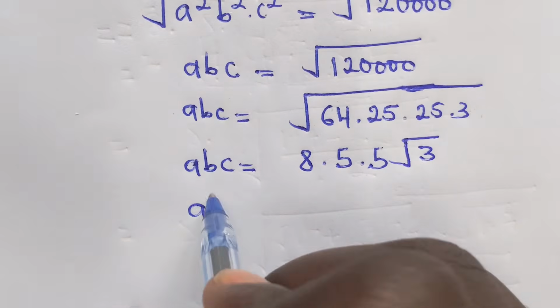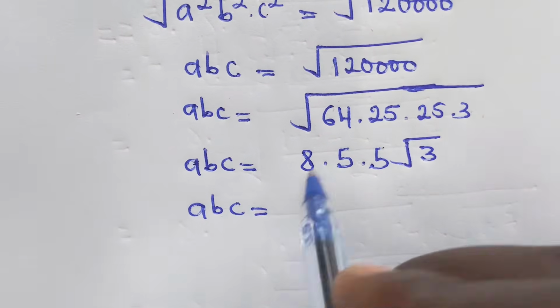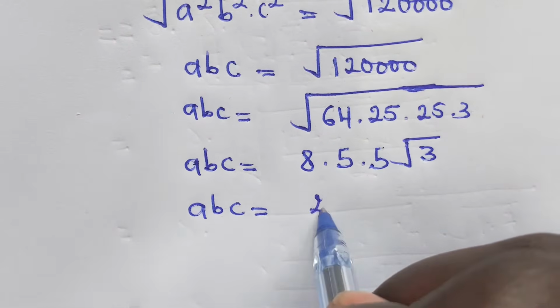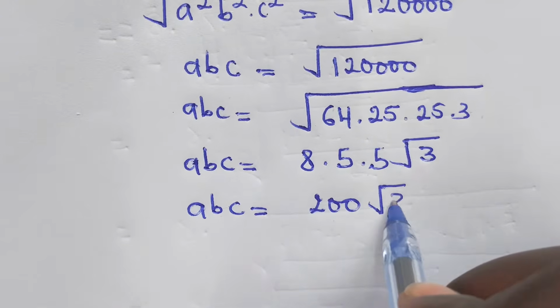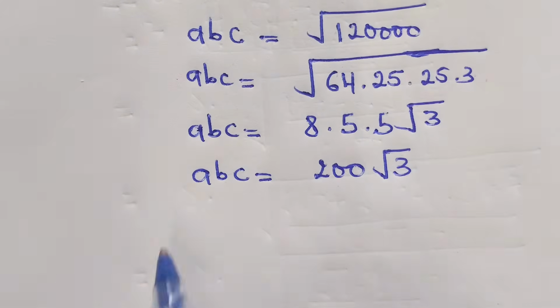Then ABC equals 40 times 5, which is 200 square root of 3.